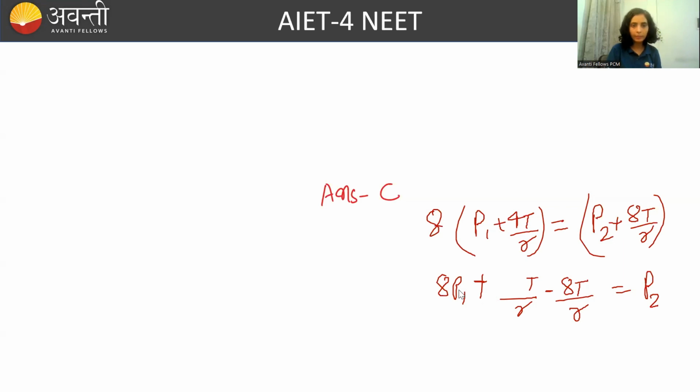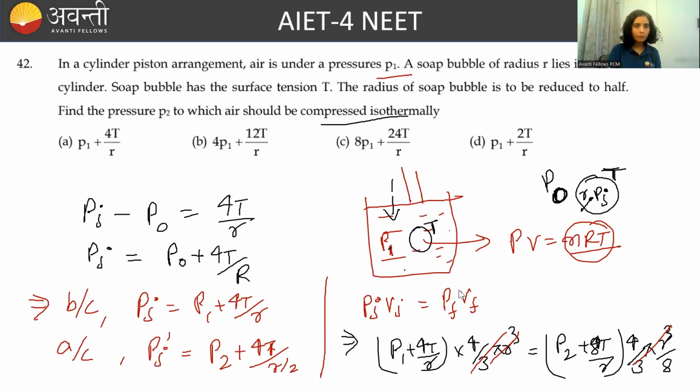There should not be mistake. Otherwise we will get wrong answer. Okay. This is P2. So P2 is equal to how much? 8P1 plus 32 minus 8 will be equal to how much? 24T by R. So 8P1 plus 24T by R. And that is where, yes, so C will be the correct answer.